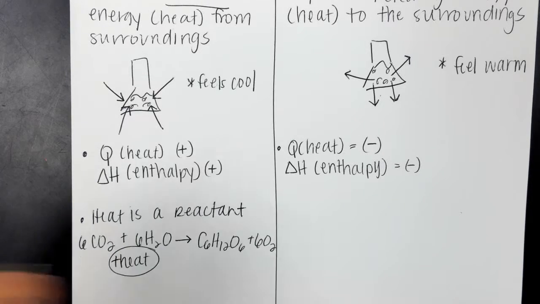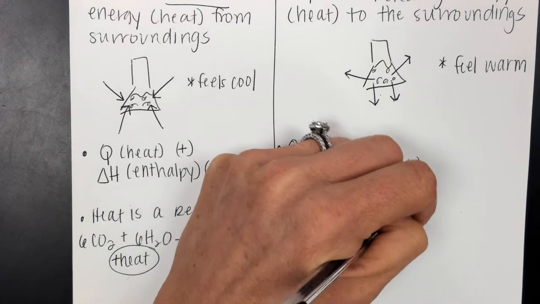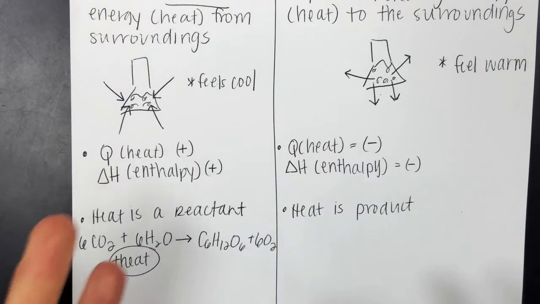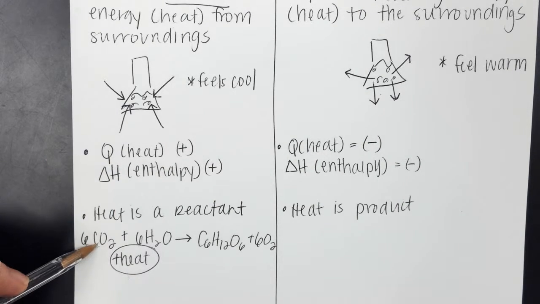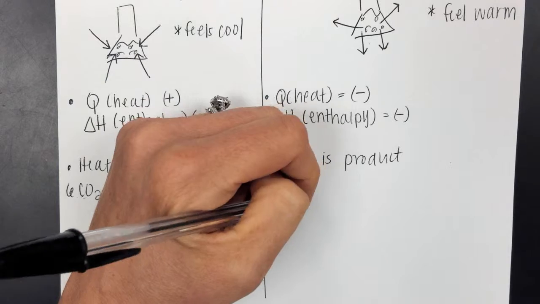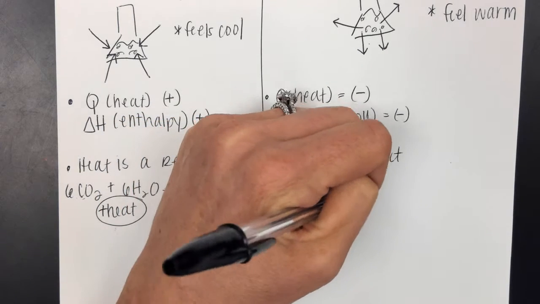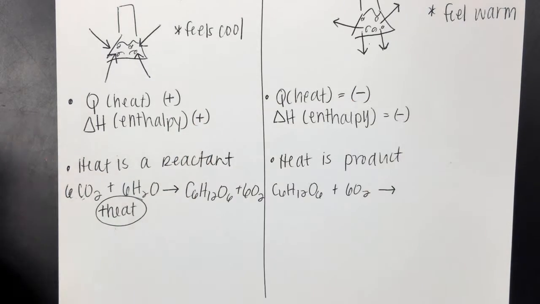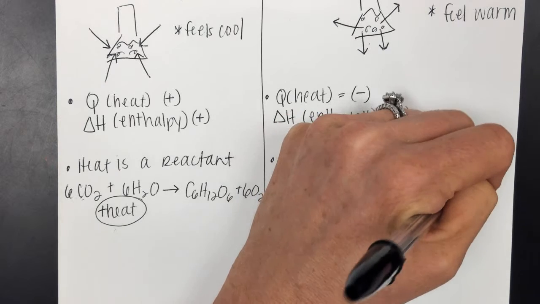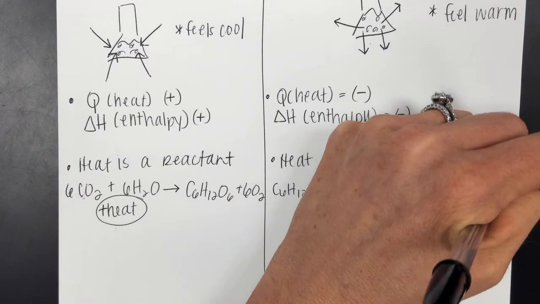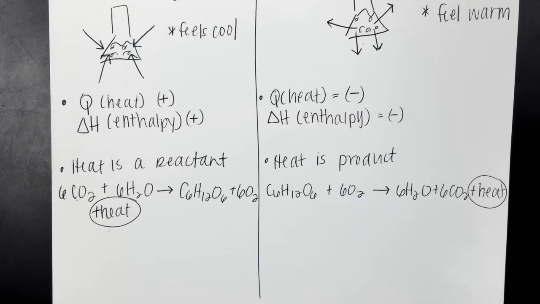It's a reactant. Heat is a product. It's produced, it's released for the exothermic. So photosynthesis is not an exothermic reaction, so I'm going to write cellular respiration, which is the opposite. Heat is a product over here.